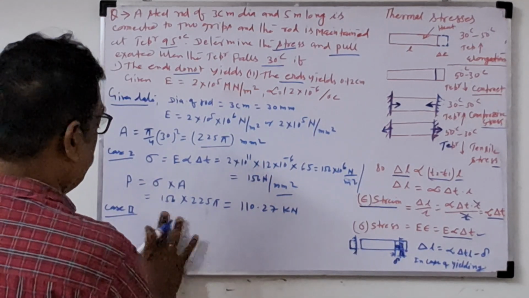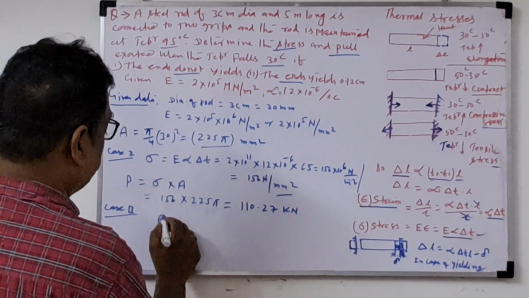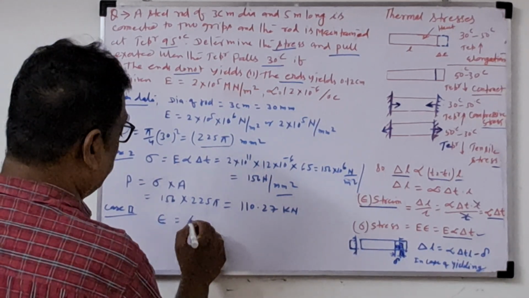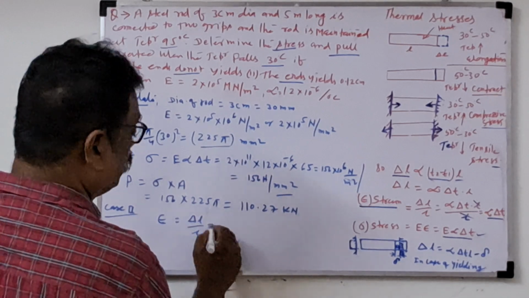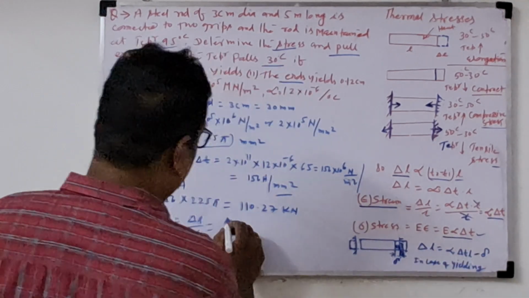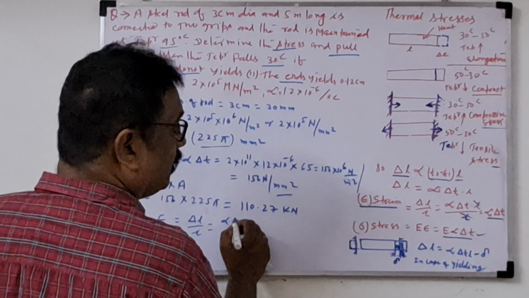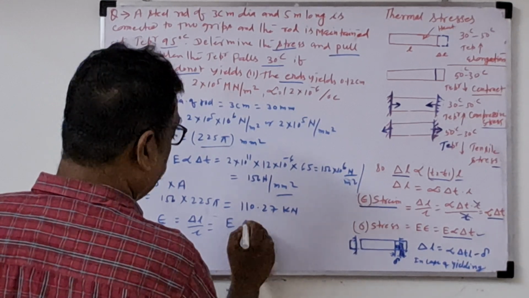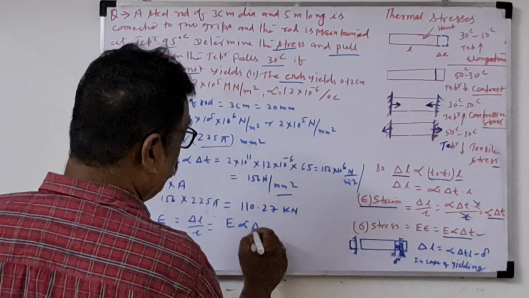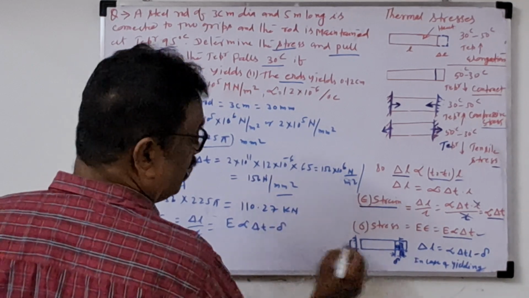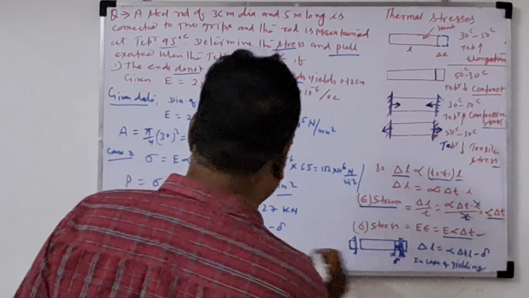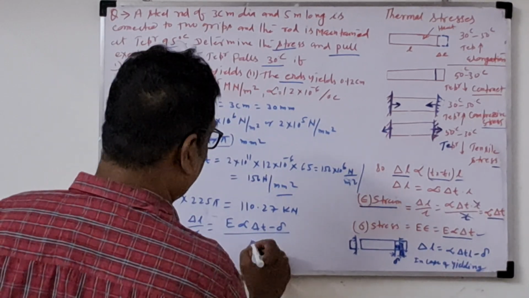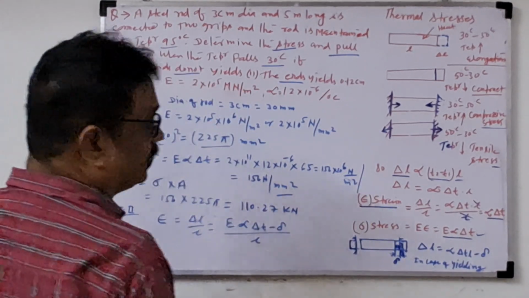First you find strain. Strain is equal to change in length by original length. What is the change in length here? Alpha, E is there, no? Young modulus E, alpha into delta T minus delta. This delta only, because this is a special case.